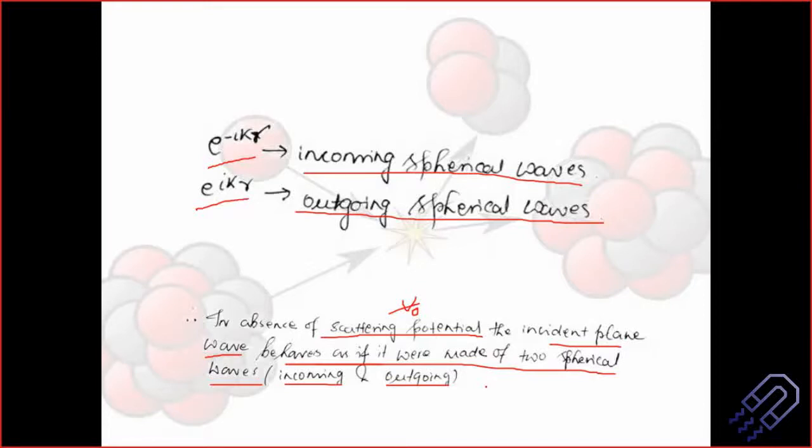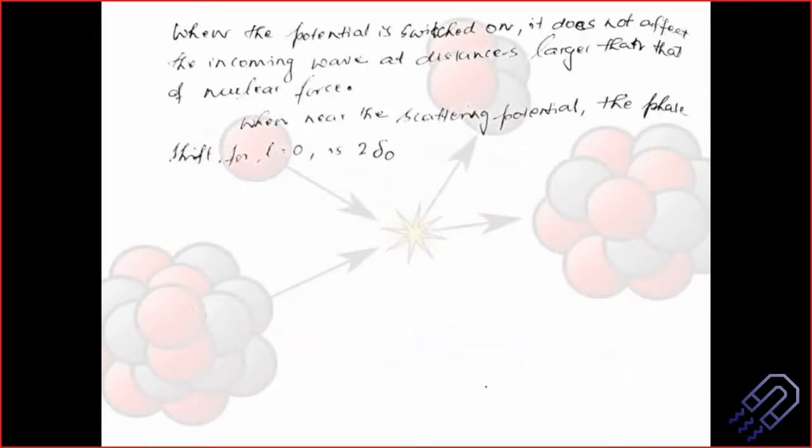So this is done, and this is a point where we say that there is no potential, but that is not the case. We actually want a potential. The question is, what happens when the potential comes into the picture? Now the potential is switched on, so we have V naught now, and it has a certain region within which its effect can be realized.